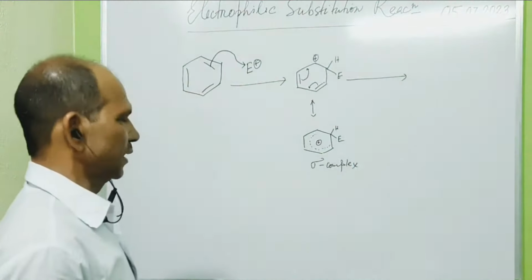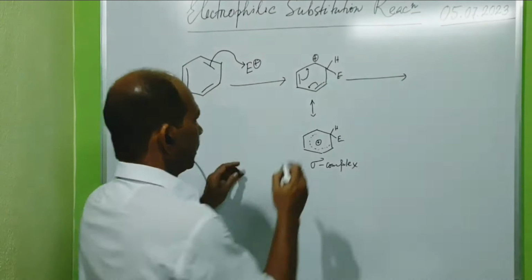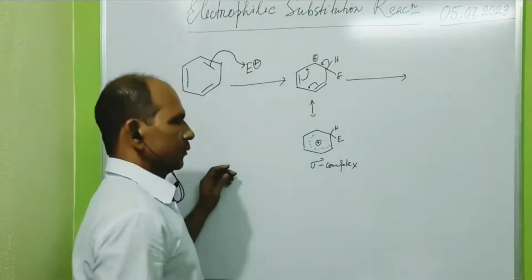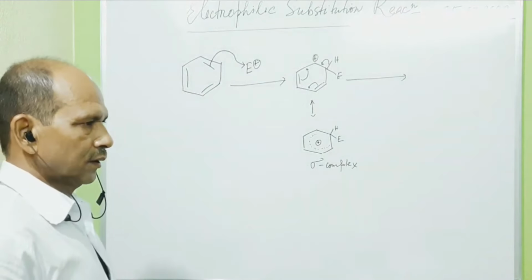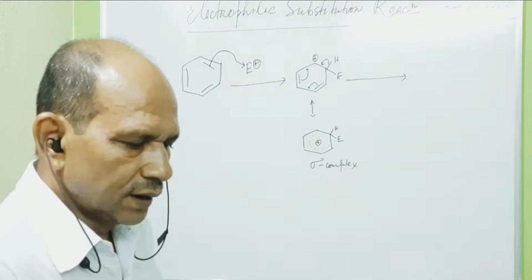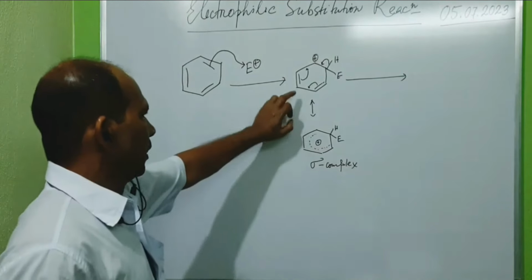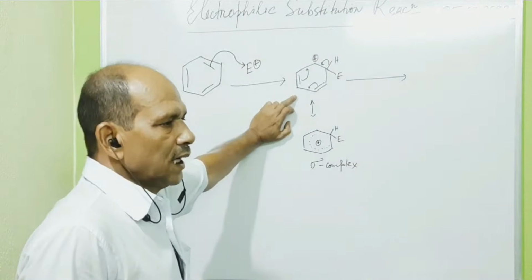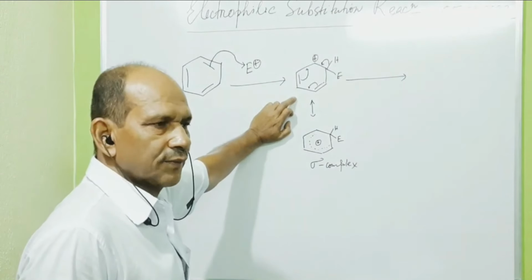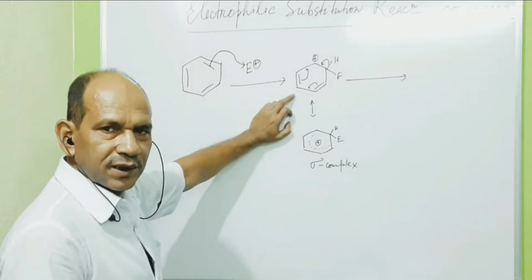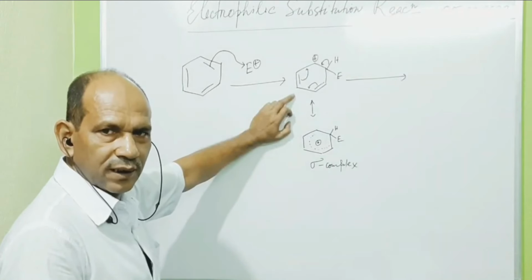The final step of the reaction. This bond will come here. Here one thing is to be discussed. Is there aromaticity present in the sigma complex? Yes or no? Aromaticity is lost. So it must regain the aromaticity.